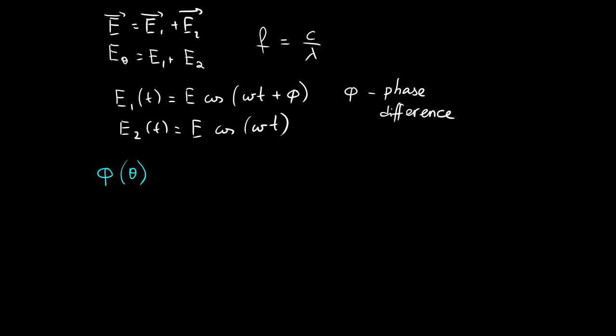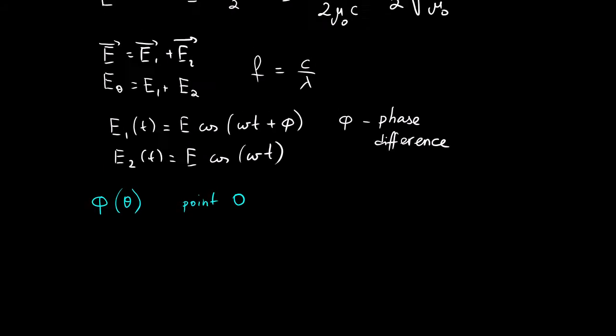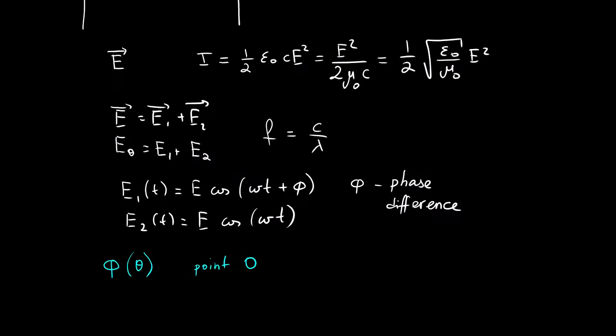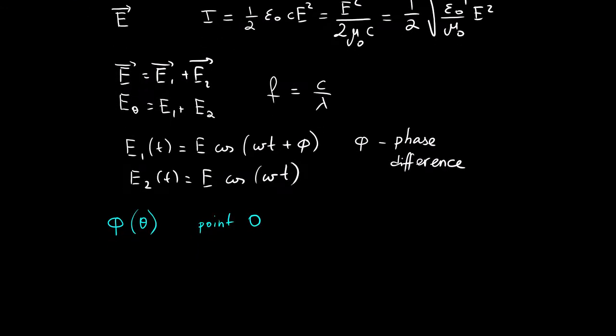So let us look at the center of the screen at point 0, which on our picture is right here, where the difference in path length from point P to S1 and S2 is the same. So I can say phi at angle 0 equals 0. So there is no phase difference.